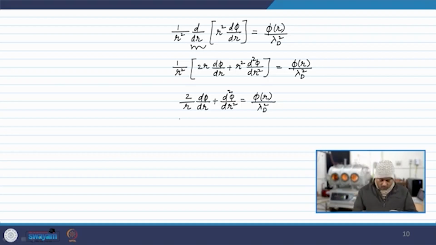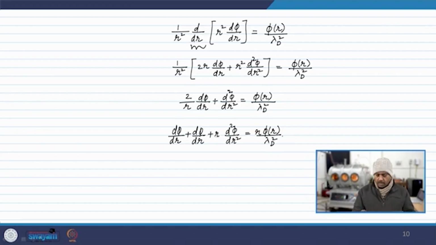So, 2 by r d phi by dr plus d square phi by dr square is, so we will conveniently write it as d phi by dr plus d phi by dr plus r d square phi by dr square is equal to r phi of r divided by lambda d square.